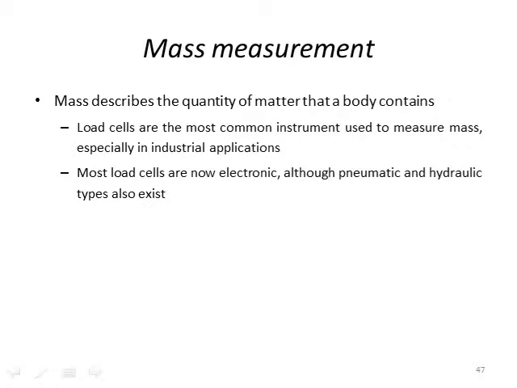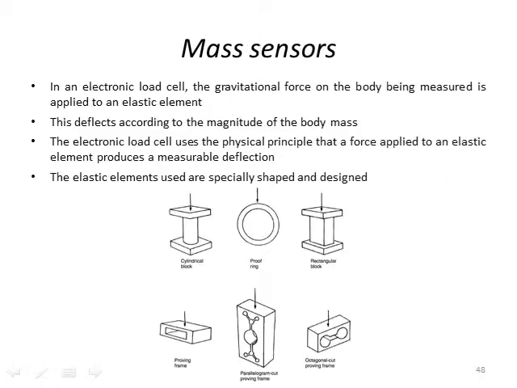But electronics, as in many fields, has dominated in the load cell industry. In an electronic load cell, the gravitational force in the body being measured is applied to an elastic element. Could be a strain sensor, this type of thing. And then its response to the mass is then measured.